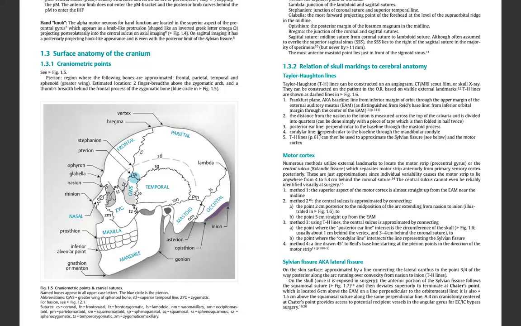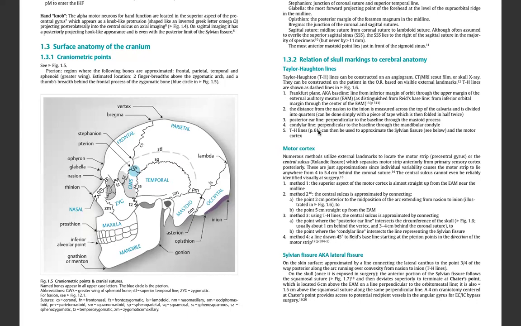You have the Frankfurt plane, which is also called the baseline, and it extends from the inferior margin of the orbit through the upper margin of the EAM. So it's a straight line that goes from the inferior margin of the orbit here, and from here it goes over here, like that.